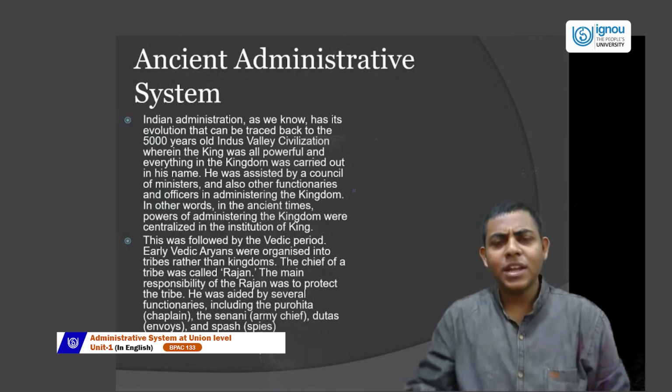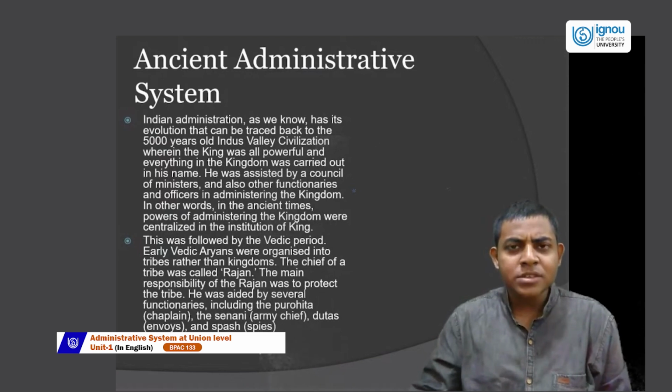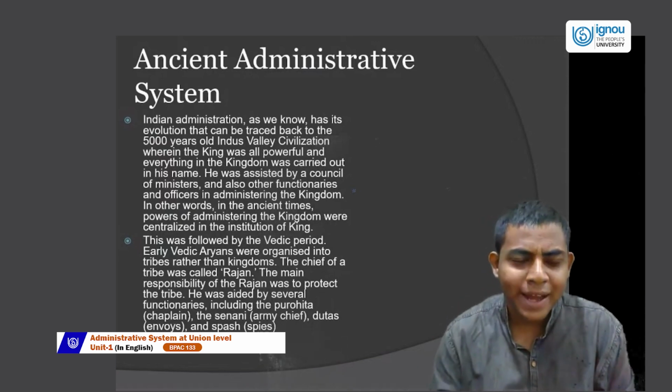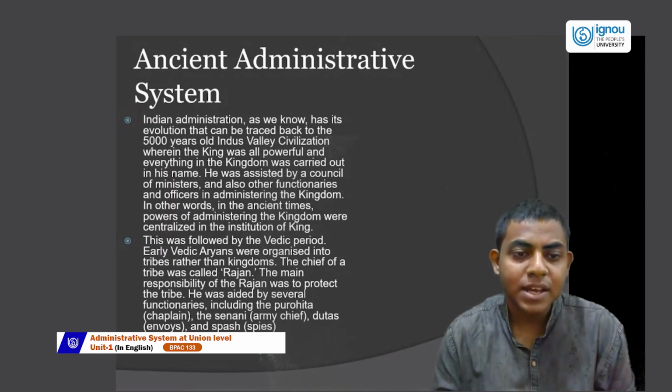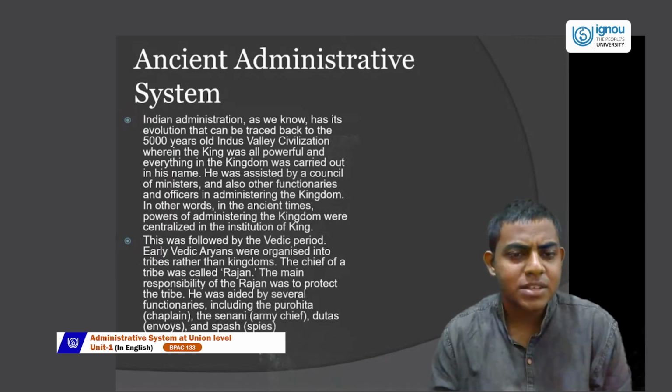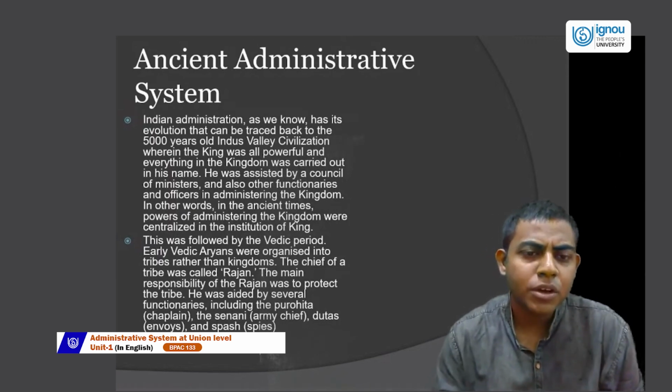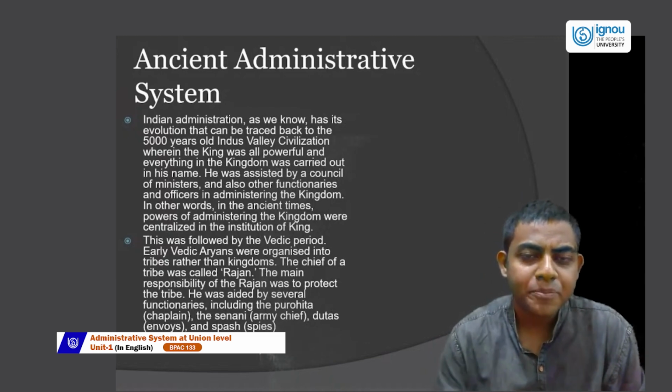We all know that Indian administration, if we trace its evolution, we can trace it back 5,000 years ago at least, to the Indus Valley civilization. In the Indus Valley civilization, whatever evidence we've got, we know that the king was all powerful, and everything in the kingdom was carried out in his name.